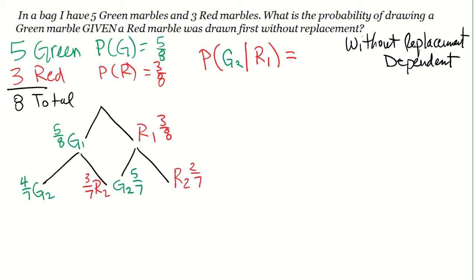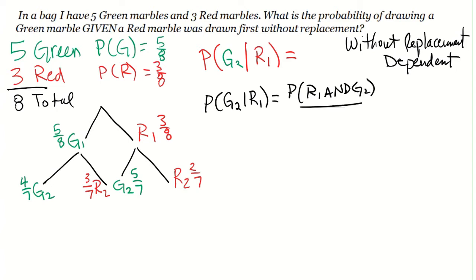Now let's solve this problem using the formula. So I want to solve for the probability that I will draw a green on the second try given that I drew a red on the first. So that is the probability of drawing a red and a green divided by the probability of drawing a red.